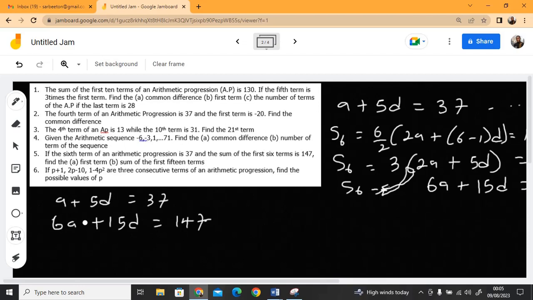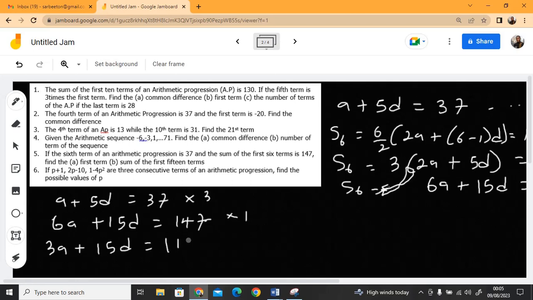So what I'm going to do is find a way to eliminate a or d, either of them, using the elimination method. Let me eliminate d, since we have been using a. So I'll multiply this by 3, so that this and this can have the same number. So 3 times a is 3a plus 3 times 5 is 15d, and 3 times 37 is 111.